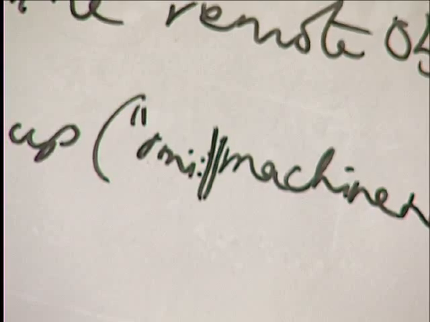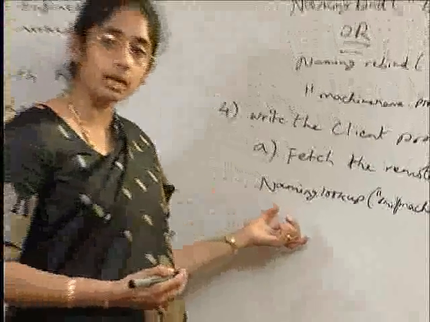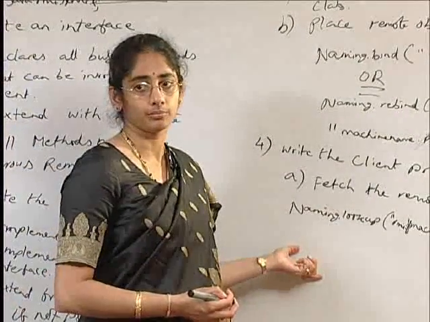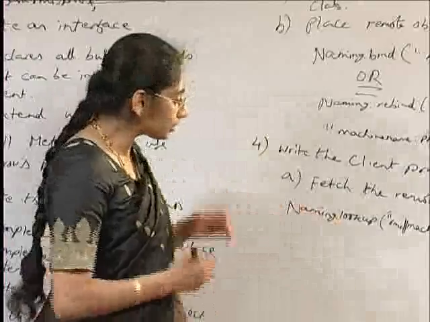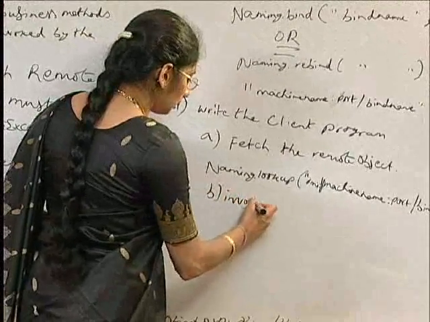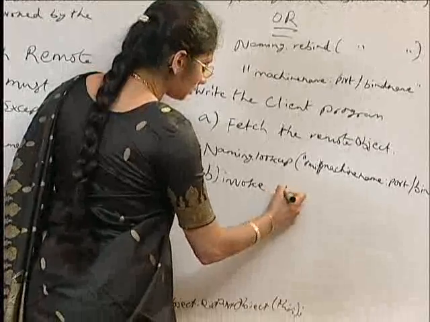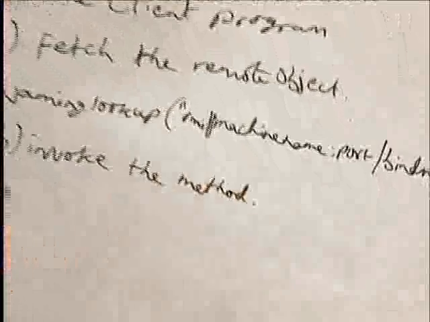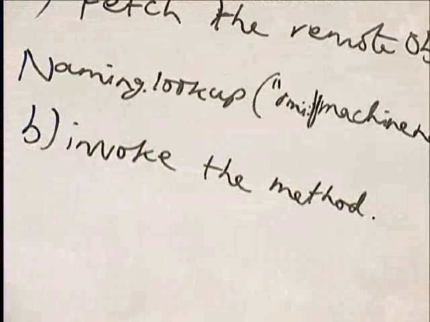The lookup will return a remote type of object which you need to downcast to either a stub type or an interface type. Once you downcast it, then you invoke the method on the remote object. This is the client program.